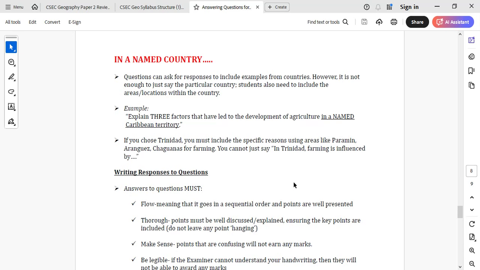Be specific. So that's why they say in a named country. They're looking for where in the named country. So in whatever country, specify what's applicable. If it's bauxite, it has to be a town applicable for bauxite, Mandeville, for example. So be careful, even when they say the words using an example, same concept, right?